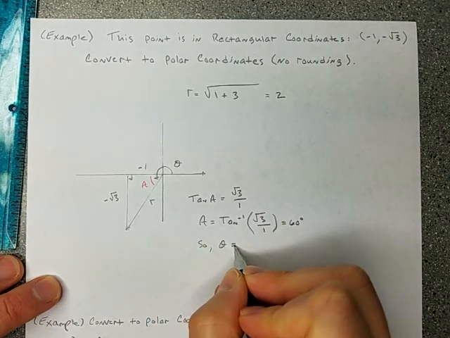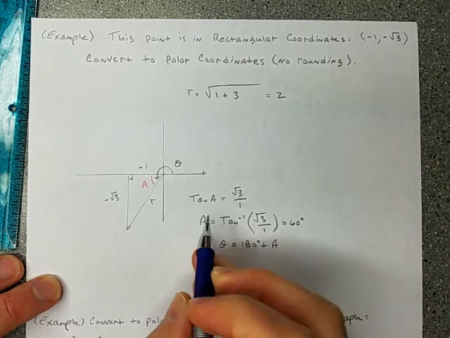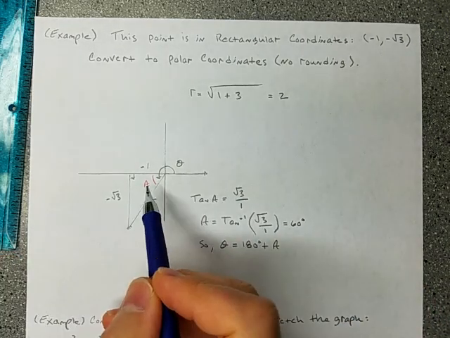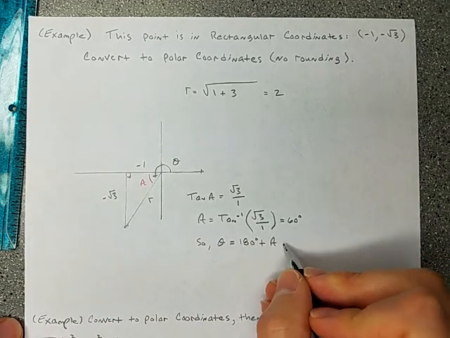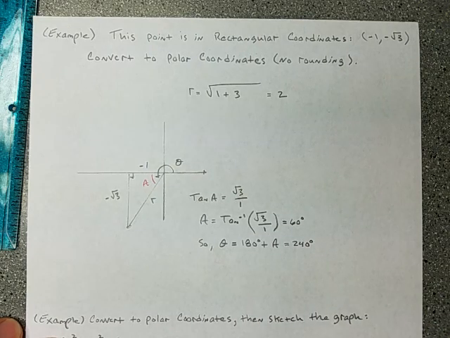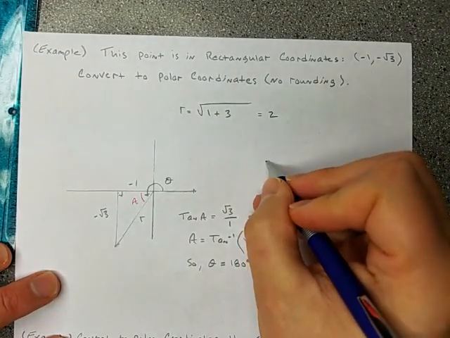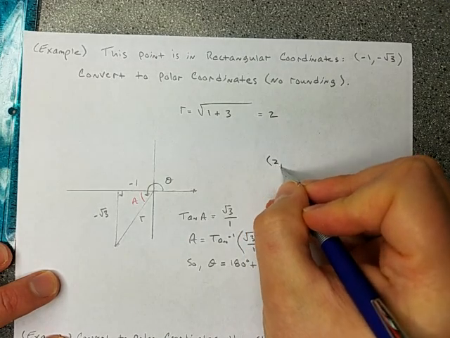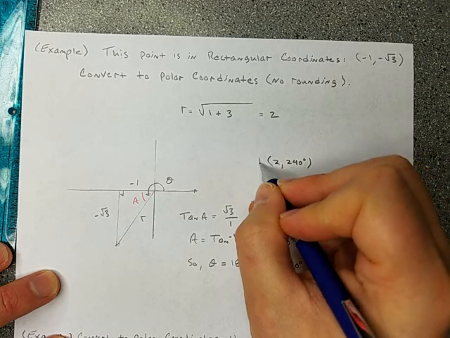Theta is equal to 180 plus A, given that we know we're working in quadrant 3. So 240 degrees. I got it. It's 2 and 240 degrees. So my point in polar coordinates is 2 for R, 240 degrees for theta.